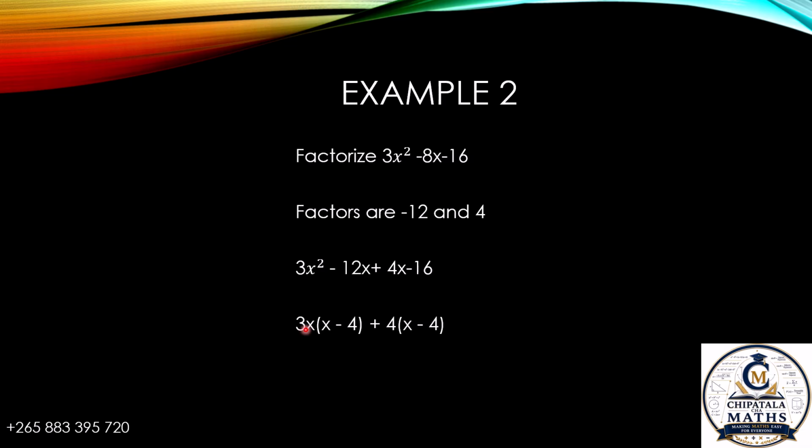So when 3x goes here, the number remaining is x, and when 3x goes into the 12x, 3 into 12 is 4. Here when this 4 goes into 4x, it is 1 times x, which is x, and this 4 goes into 16 is 4. So you can see these are two brackets, they are similar, so we choose only one bracket.